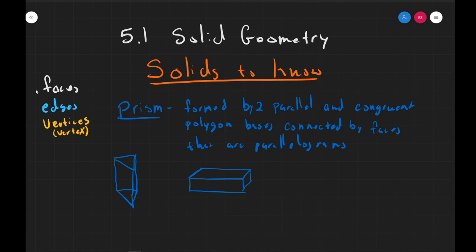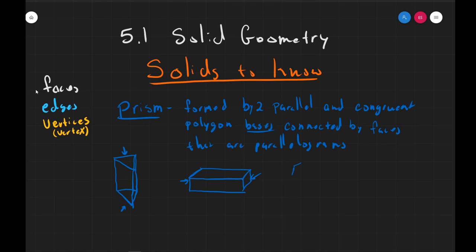So prisms are named by the shape of their bases. If a base is a triangle, like this, then it's a triangular prism. If our base is a rectangle, then we have a rectangular prism. You can have pentagonal prisms. You can have hexagonal prisms. You can have whatever agonal you want, as long as the top shape is congruent to the bottom shape.